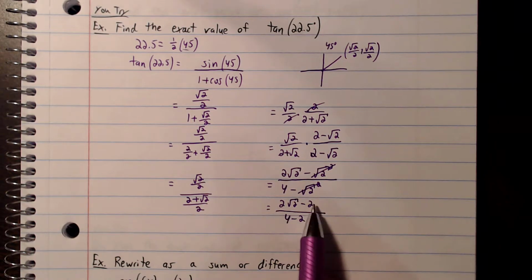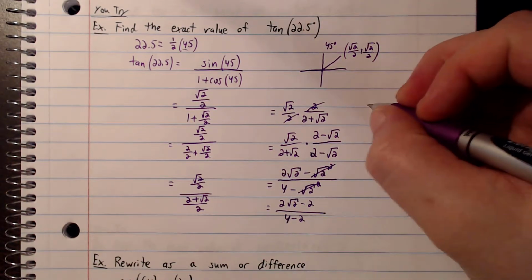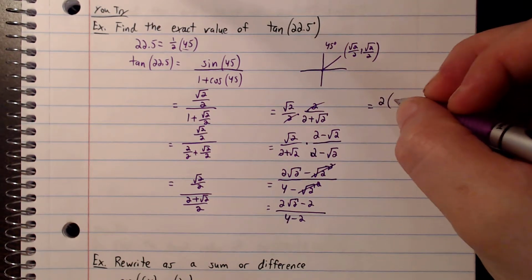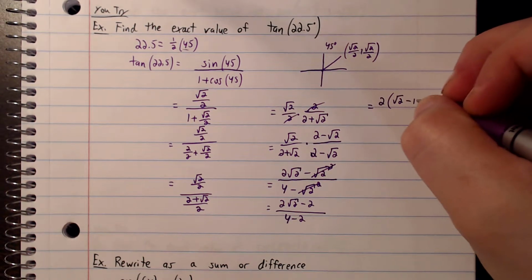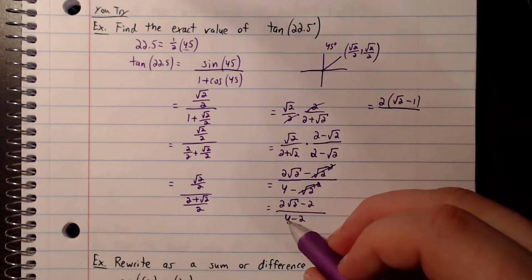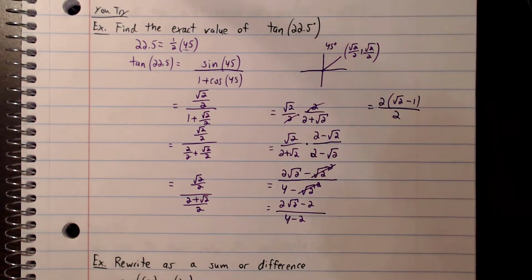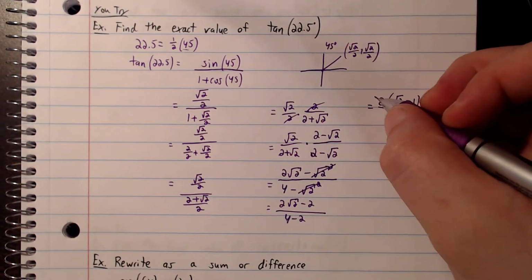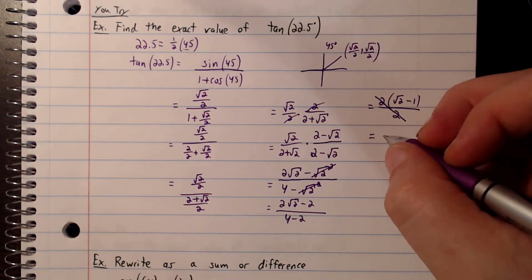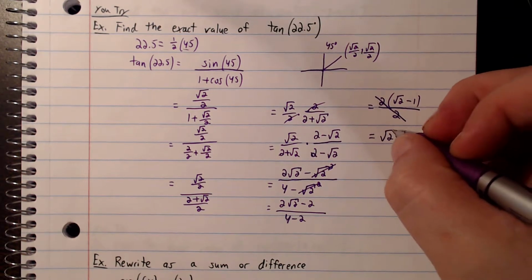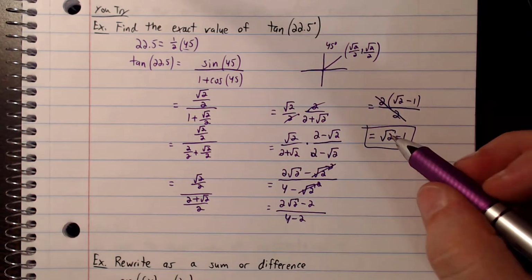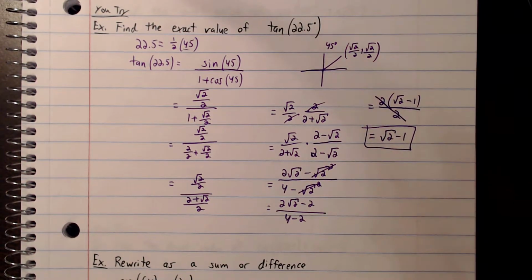I've got a 2 on the top here and here that I can factor out. So we've got 2 times root 2 minus 1. And then 4 minus 2 is 2. I set it up that way on purpose because I can see that my 2's cancel. And our final solution is square root of 2 minus 1.